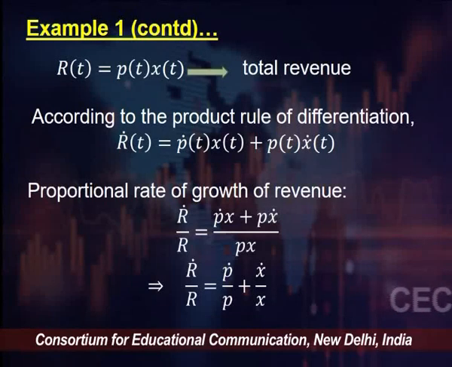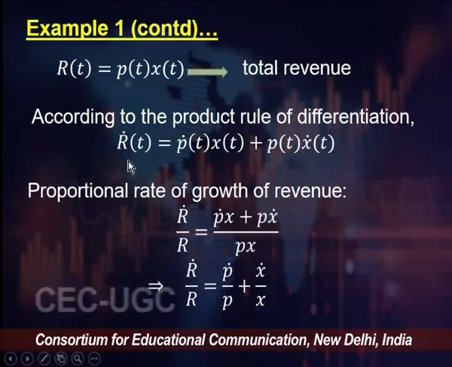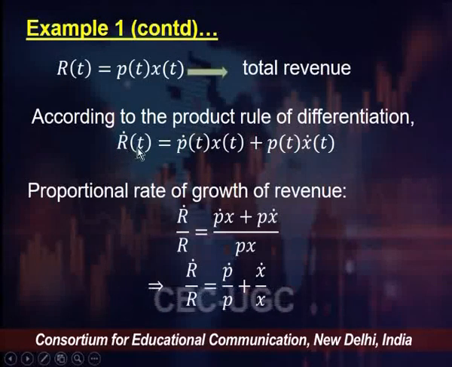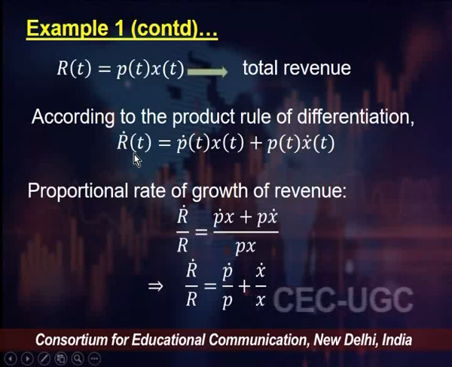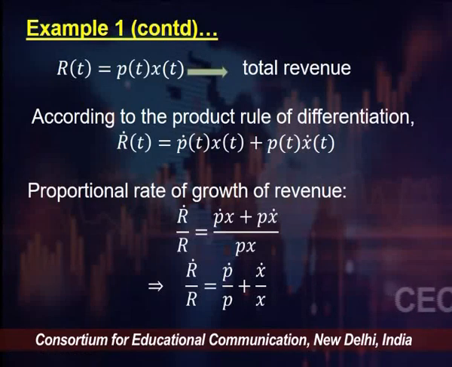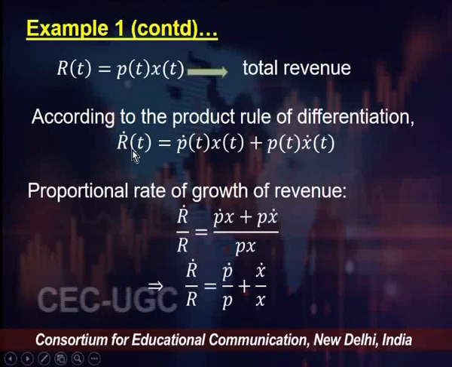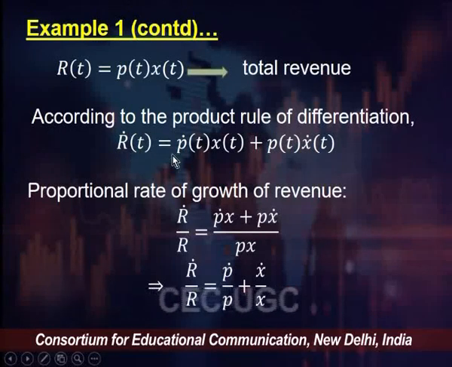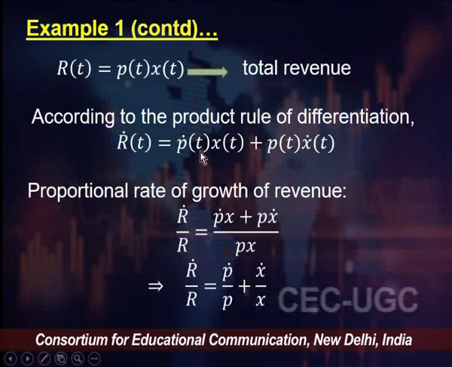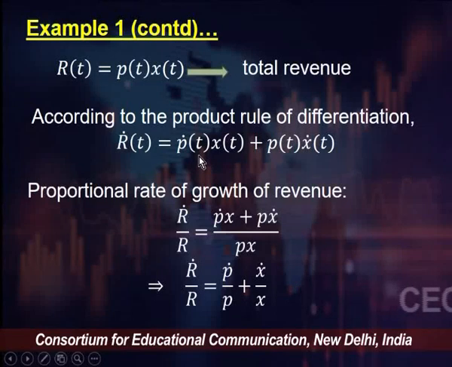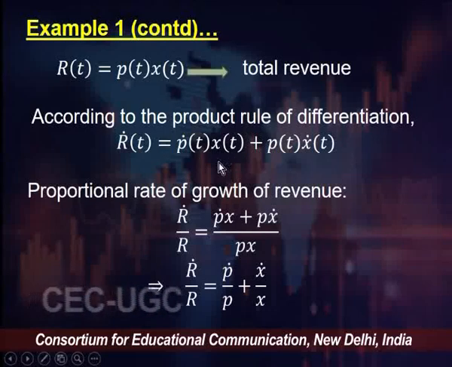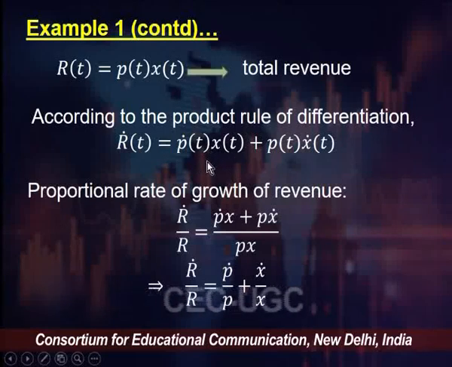To obtain the proportional rate of growth of revenue, we're going to divide r dot by r. But let's first give some structure to this expression for r dot before we move on to the proportional rate of growth of revenue. What we have here, if you notice, is that r dot of t is p dot times x, and I'm just suppressing the t argument for the sake of presentation here.